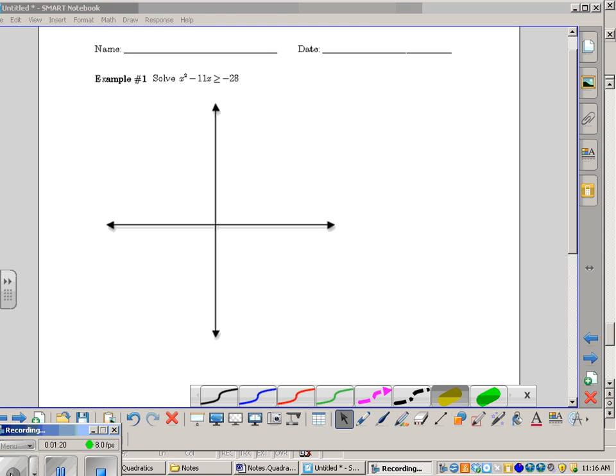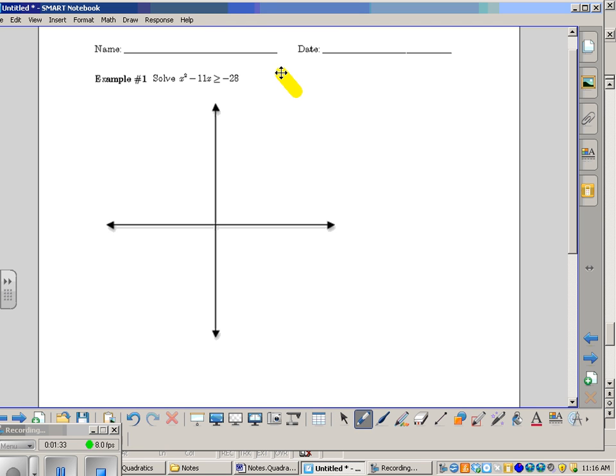Okay, the first one is saying x squared minus 11x is greater than or equal to negative 28. So x squared, we want to know when that quadratic, when the y values are greater than or equal to 0.